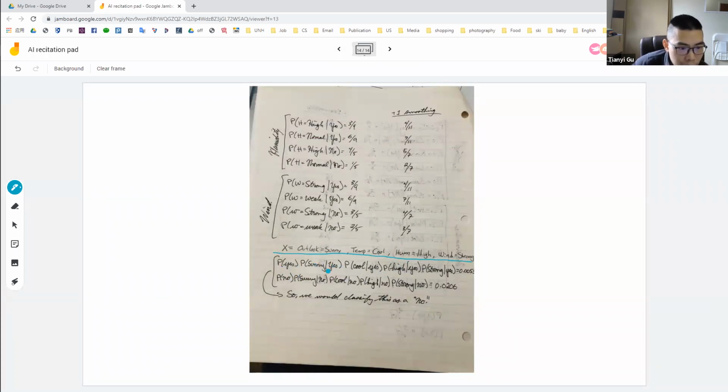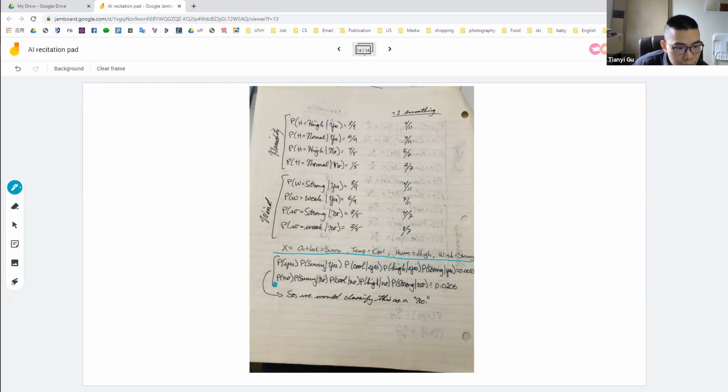Since we already counted that, we would have that value. Given yes, what is the probability of cool? Given yes, what is the probability of humidity high? Given yes, what is the probability of wind is strong? And then multiply them together, and then multiply them by the probability of the hypothesis. We got 0.0053 by computing this data.